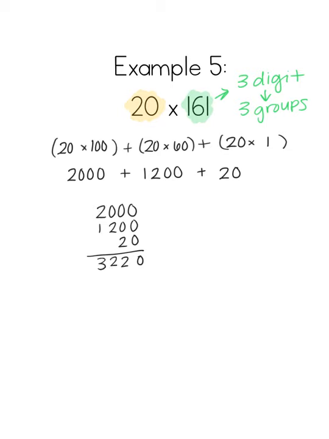So my final product is 3,220. So even though this number, 161, had 3 digits, I can still use the distributive property. I just have to remember that I need to break it up into the number of parentheses groups that matches the number of digits. Now I want you to try this example on your own and we'll go over it.